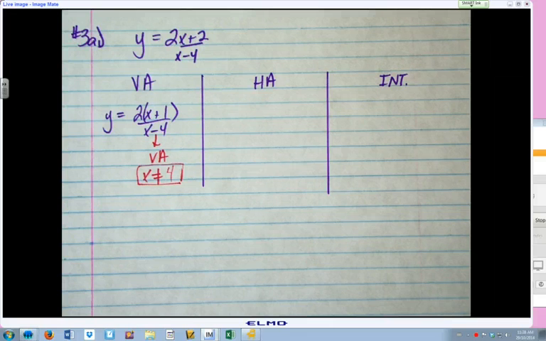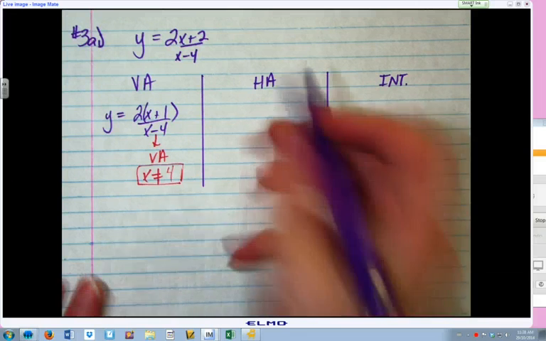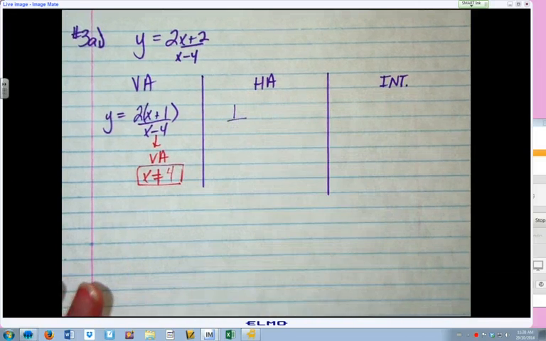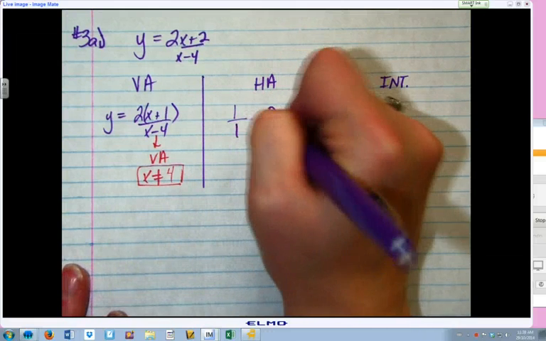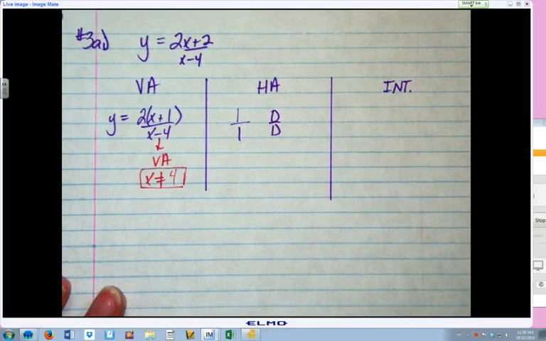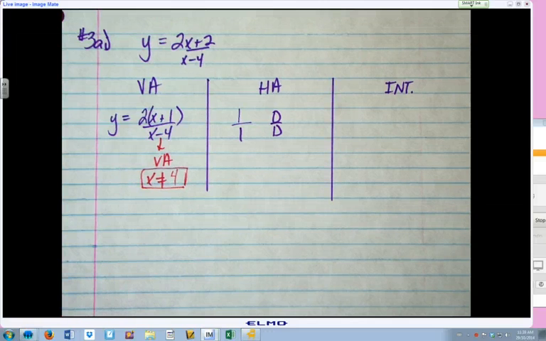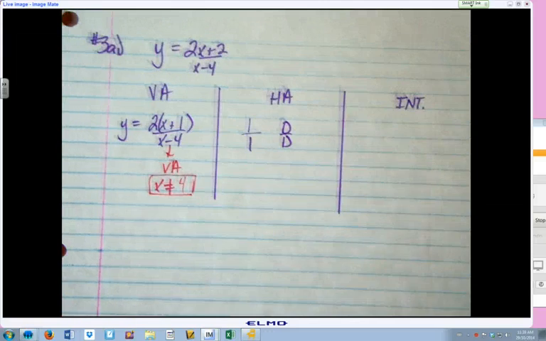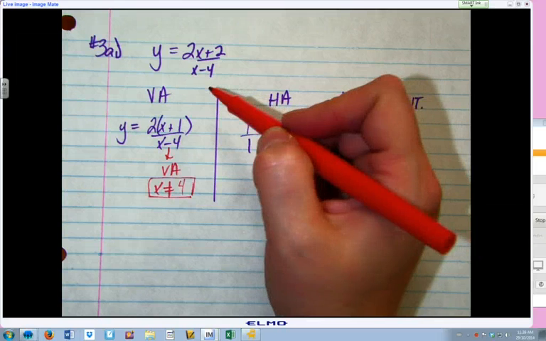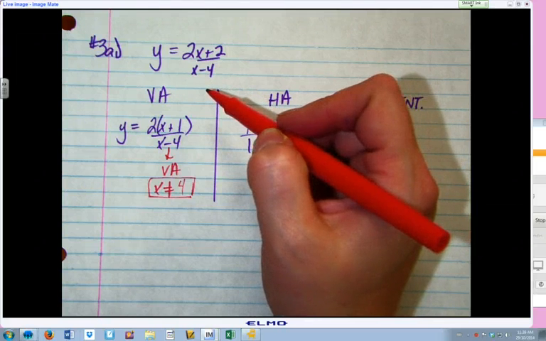Horizontal asymptote. How do we know? So what's the first thing we do? Analyze the degree. What's the degree on the top? What's the degree on the bottom? So that's degree over degree. Okay, now what? Okay, so we go back to here. What am I looking for?